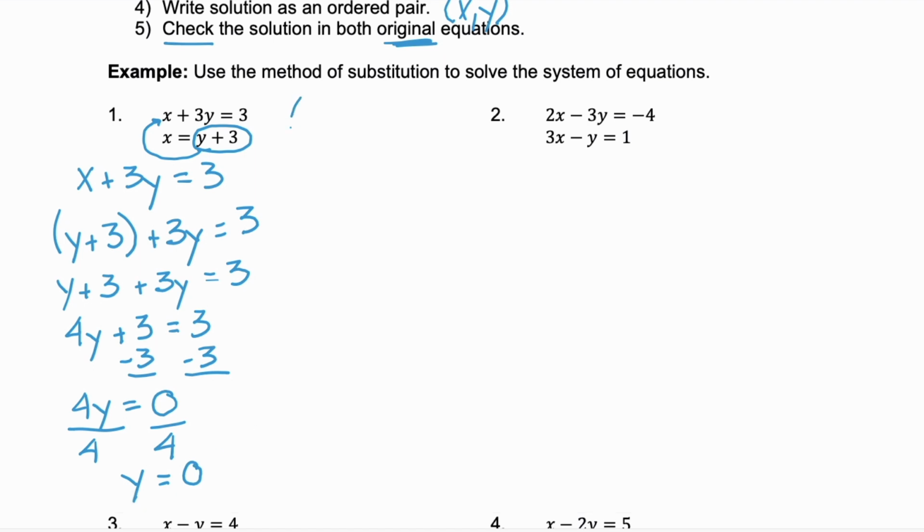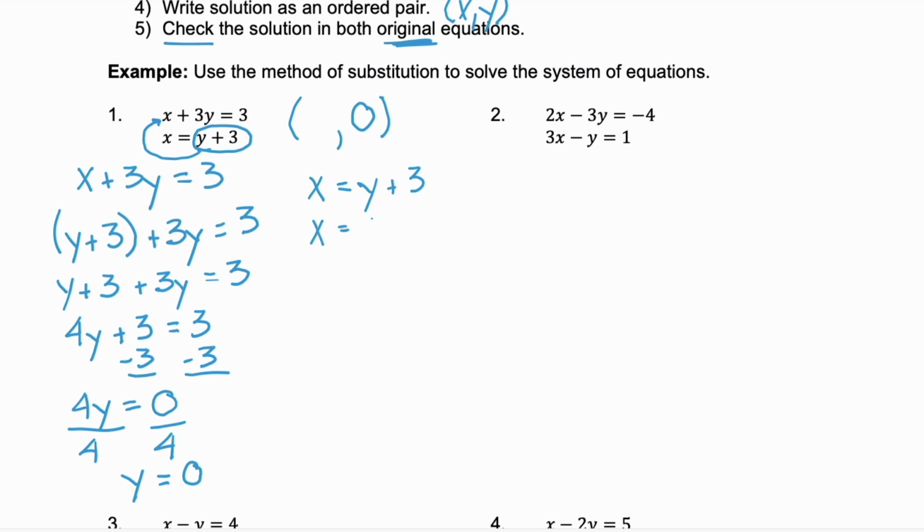Let's start putting our ordered pair solution here at the top. So we know that y is 0. Since we know y is 0, we're going to substitute this into one of the original equations and solve for x. Well, it makes the most sense to substitute it into that second equation, because the second equation is x equals y plus 3.